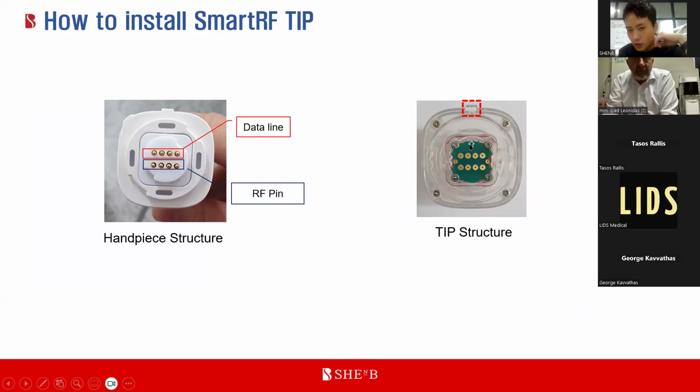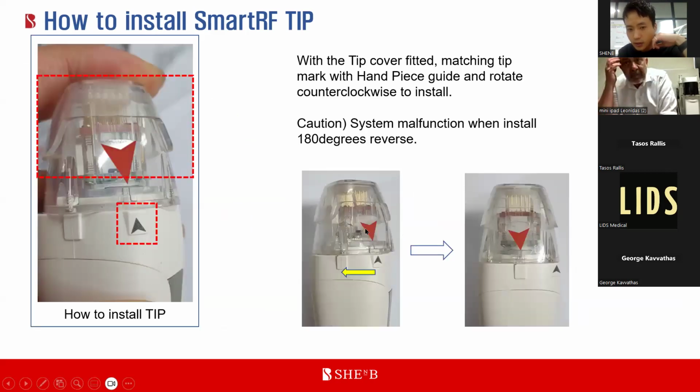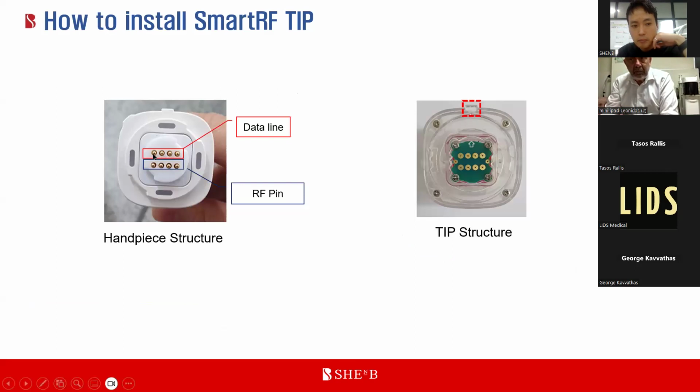The tip also has a direction, which we call a guide. There's a red arrow on the tip. We always have to match the arrow on the handpiece and the tip, then turn it clockwise, so that we match the data line and RF output line on the handpiece with those on the tip.